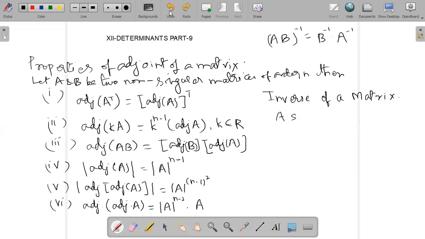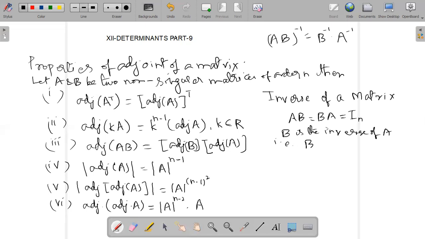Property of inverse, you can see first what is inverse. As you have seen, A is a non zero square matrix. Then if A into B is equal to B into A is equal to I, if A is a matrix of order n, then B is called the inverse of A, and this is denoted by A inverse.